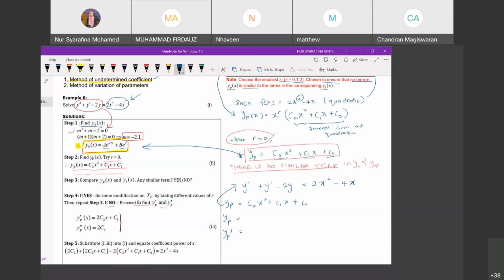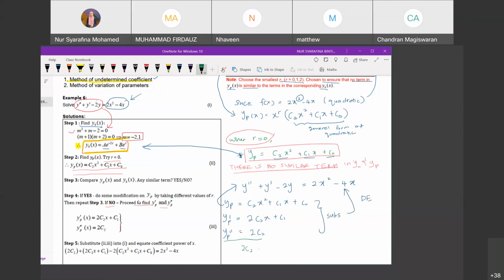Differentiate this, you will get 2c2x plus c1. Differentiate this, you will get 2c2. And then what's next? Substitute these into the differential equation. Y double prime is 2c2.